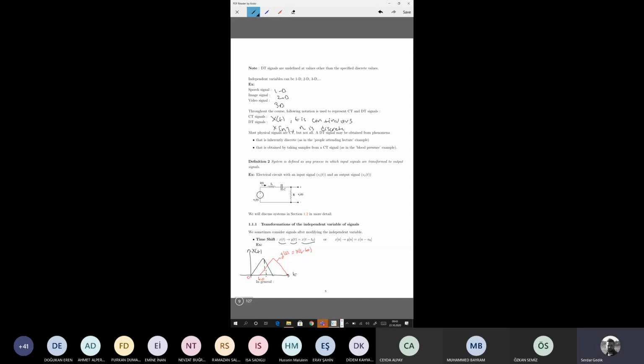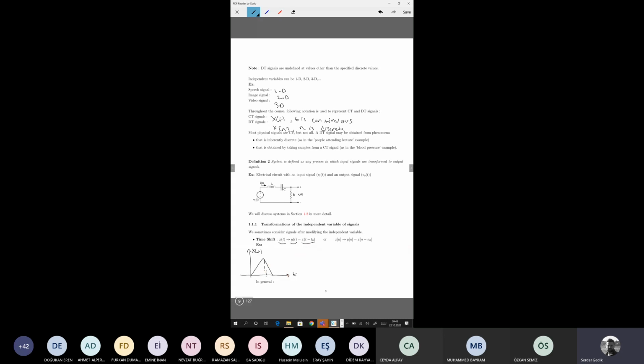What about a discrete time signal? Let's assume that I have such a discrete time signal. This is my 0, this is x of n, this is n.